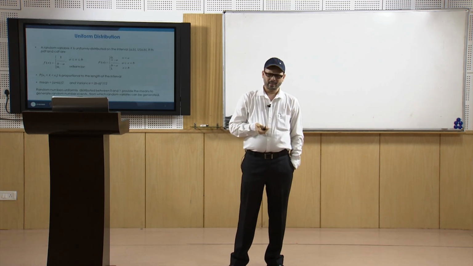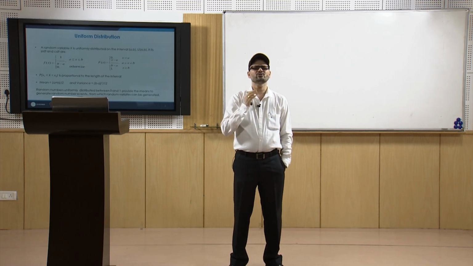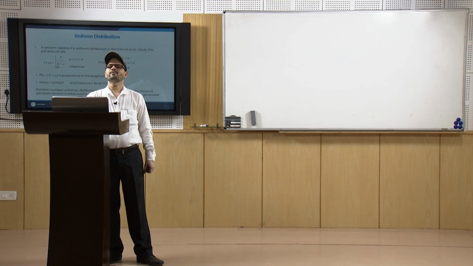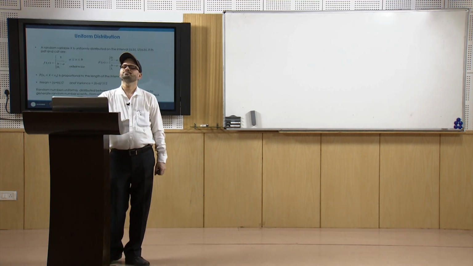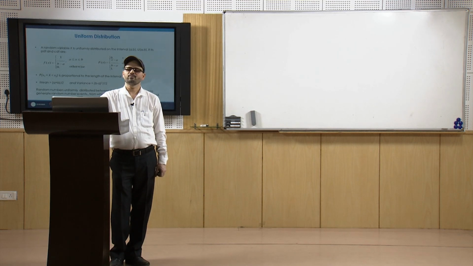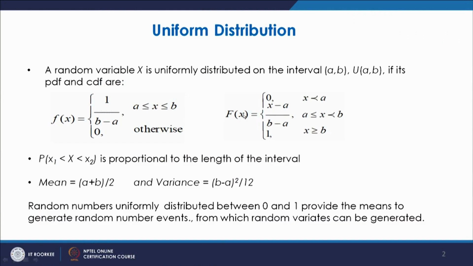Similarly, the cumulative distribution function is defined. As we see, this value tells about the probability value, that is 1 by b minus a, and then this F(x) is the cumulative distribution function value, which is accepted only between a and b.